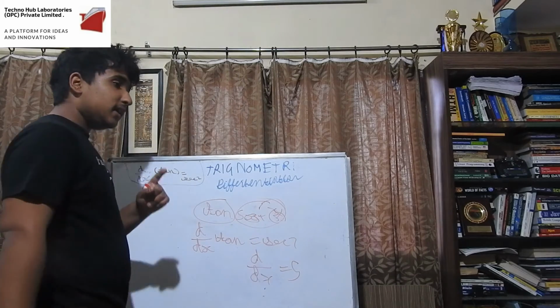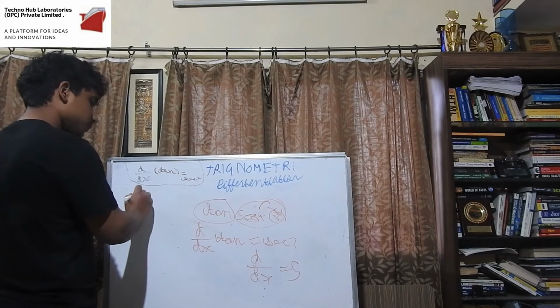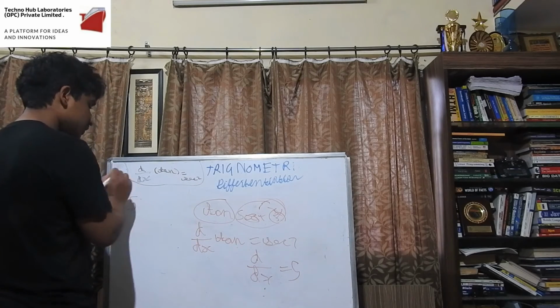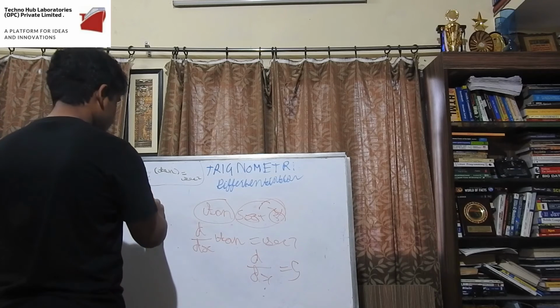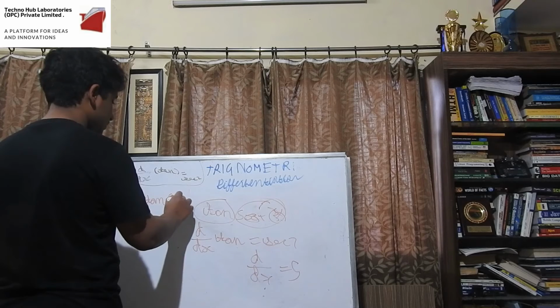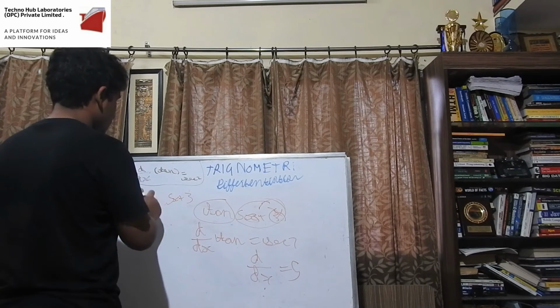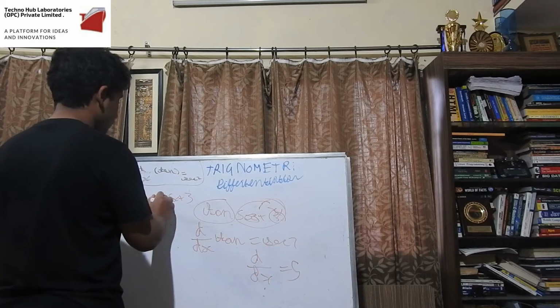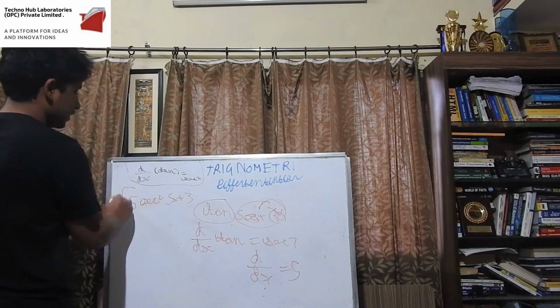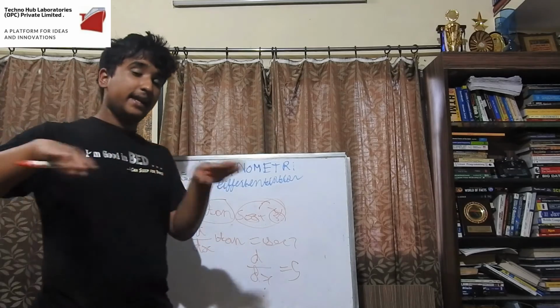Now I'll tell you how you need to write it. You write the derivative first: 5 sec square of 5x plus 3. This is how you write the final answer, so the teacher will give you marks blindly.